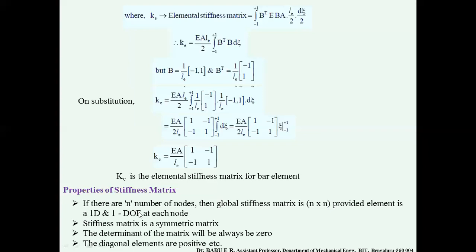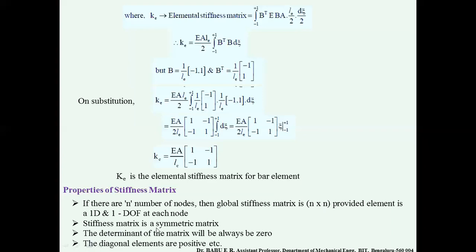That means if an element consists of n number of nodes, then the stiffness matrix will be n cross n. For example, in our case, I have taken a 1D bar element. It consists of two nodes, so n becomes 2. So the stiffness matrix will be 2 cross 2. You can cross check it over here. So it is a 2 cross 2 matrix. That is the first property of the stiffness matrix.